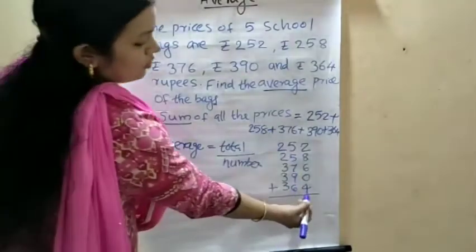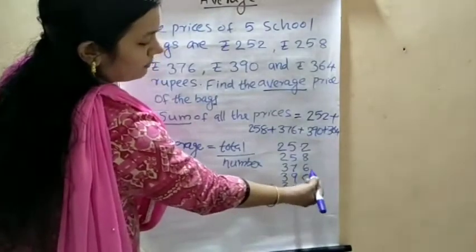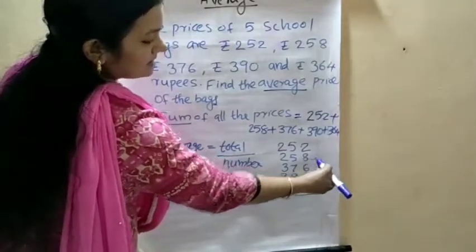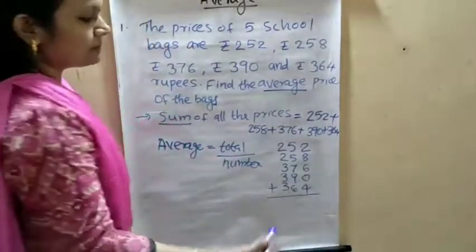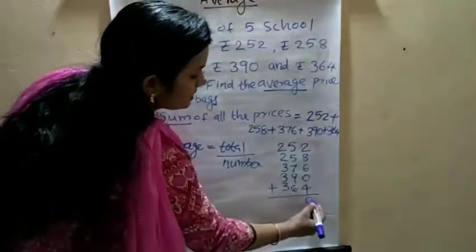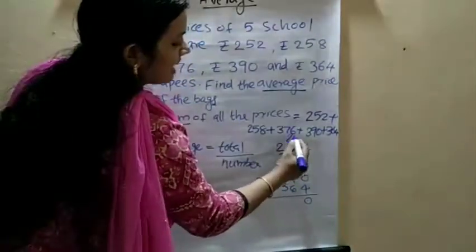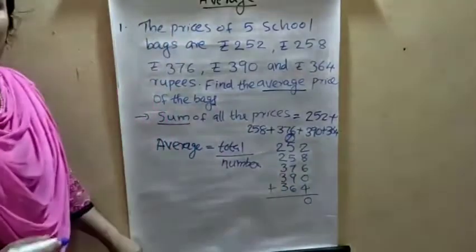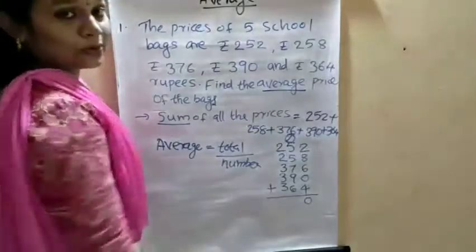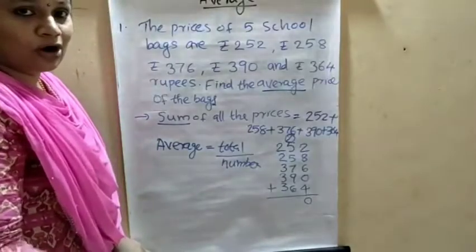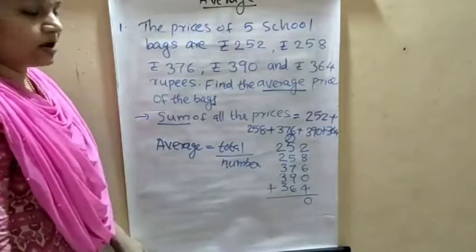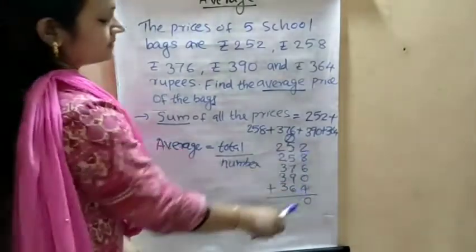Then you add it. 4, 4 plus 0, 4, 4 plus 6, 10, 10 plus 8, 18, 18 plus 2, 20. Then 0, and the carryover is 2. Carryover 2, then add it. Do you know addition? I hope you all know addition well.